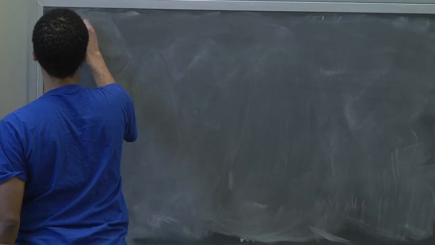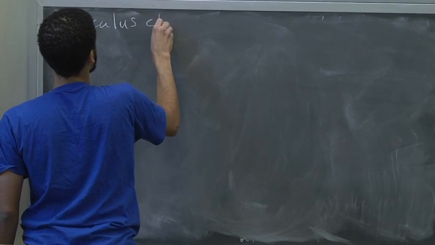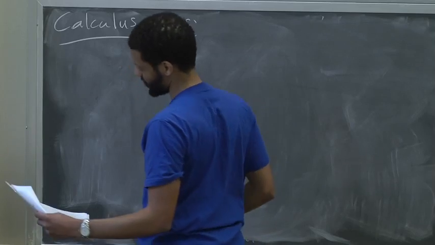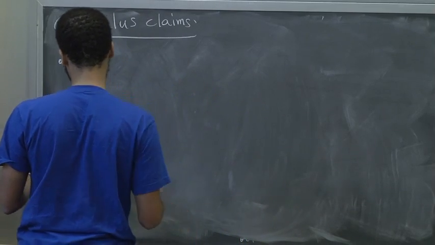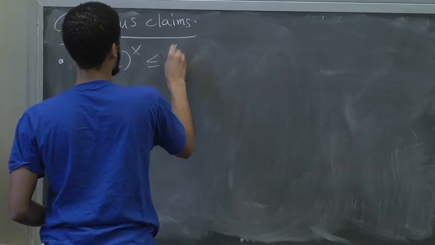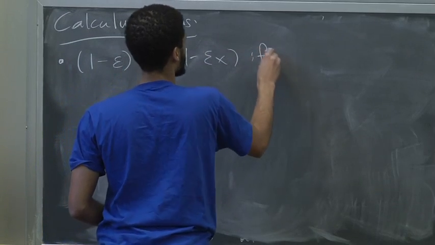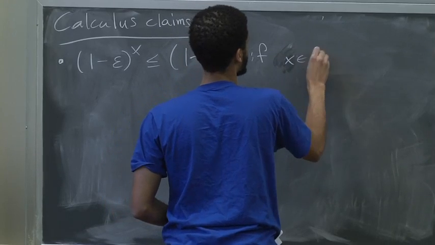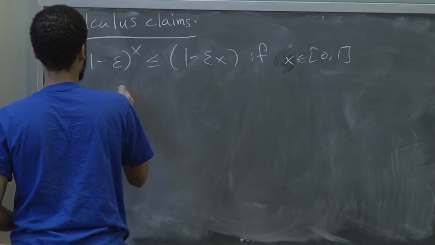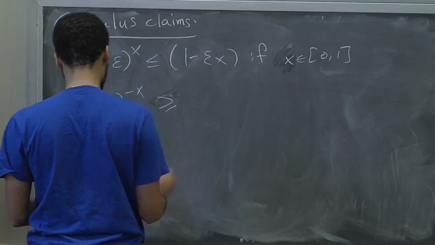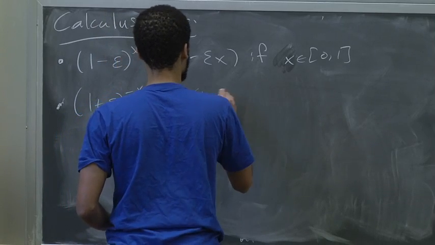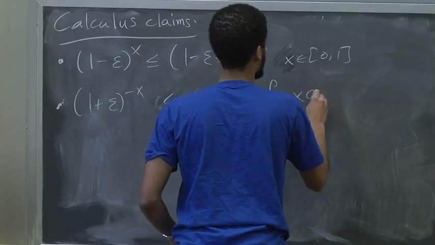So calculus claims, let me make sure I write it down properly, 1 minus epsilon to the x is at most 1 minus epsilon x if x is in [0, 1]. And then also 1 plus epsilon to the minus x is at most 1 minus epsilon x if x is in [-1, 0].